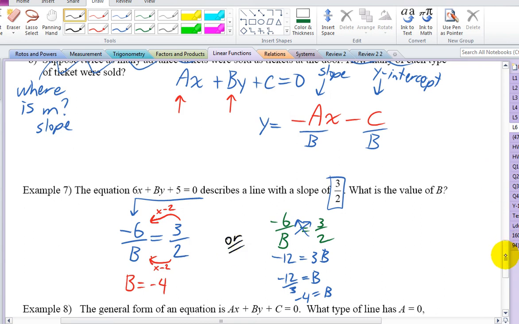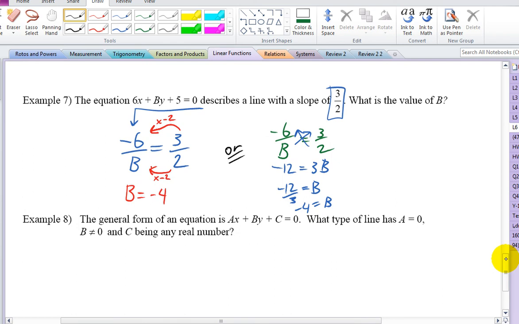For harder questions, you will be expected to cross multiply. Yep. Why does the 6 become negative? Because you have to move it to the other side of the equal sign. So here you have to do that by subtracting 6, and that's what makes it negative because you're subtracting it. Okay.